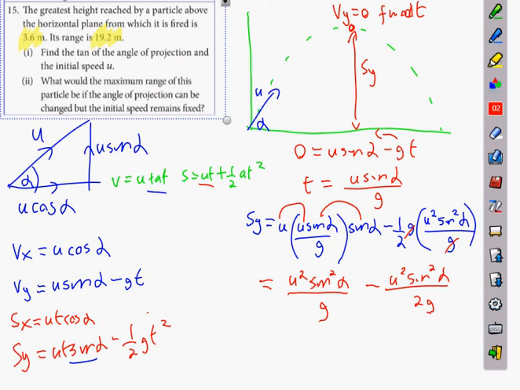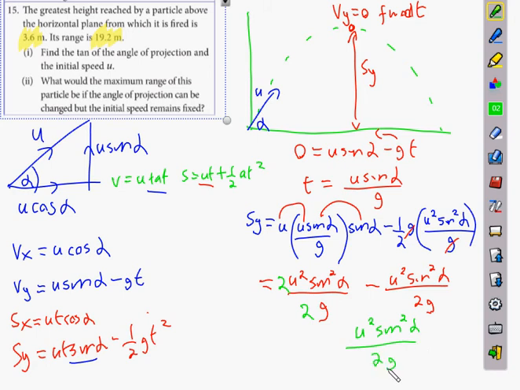Now they're basically the same thing, except one of them has a 2 and the other one doesn't. So we put a 2 top and bottom. Now it's 2 times one object minus 1 of the same object, which leaves one of them left over. So it's u squared sin squared alpha all over 2g.